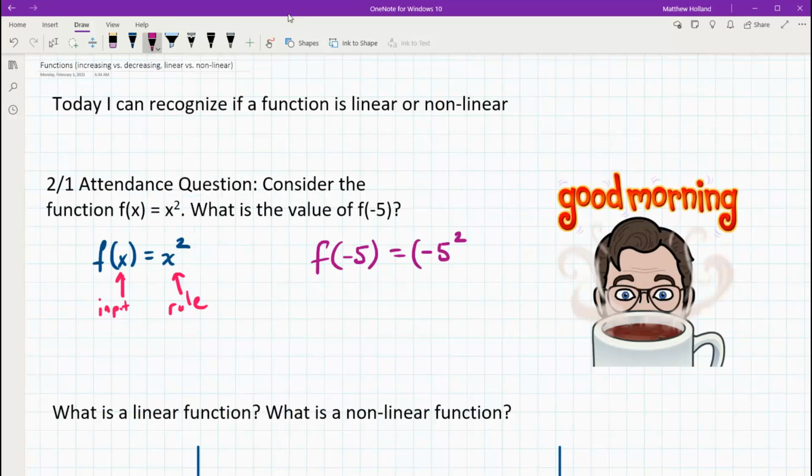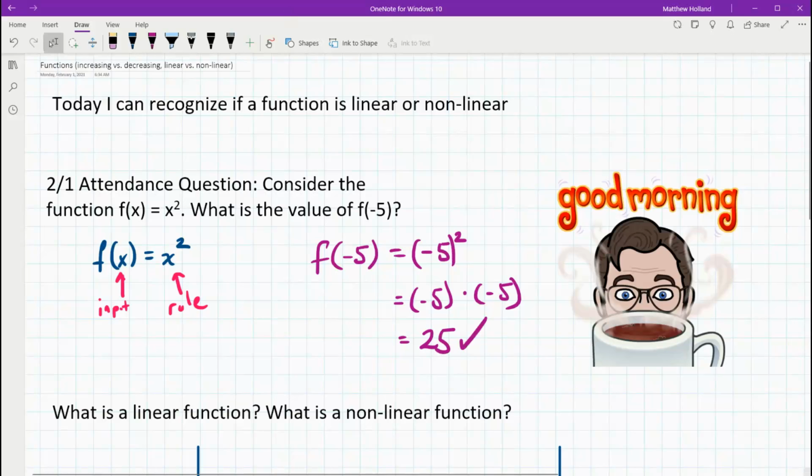So I'm going to put this in parentheses to show that I'm taking the number -5 and squaring it, or multiplying it by itself. What does that mean? That means -5 times -5. A negative times a negative is a positive, and therefore our answer is 25. So if you got 25, you were correct.